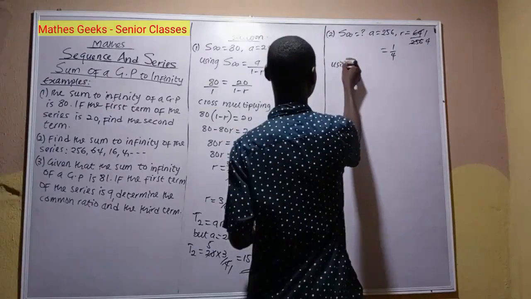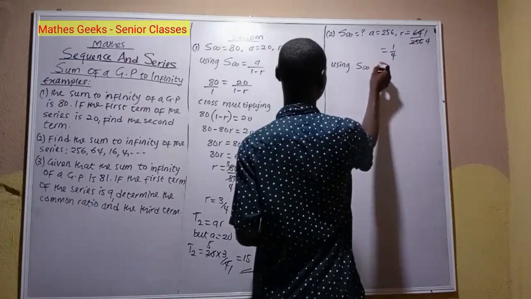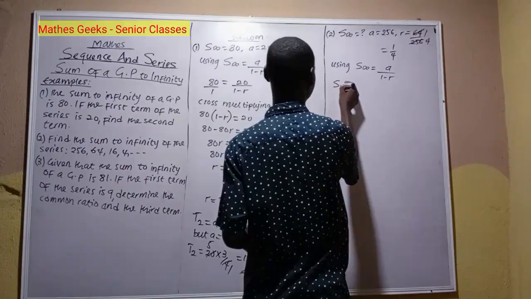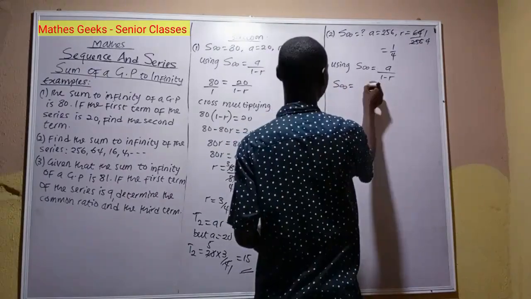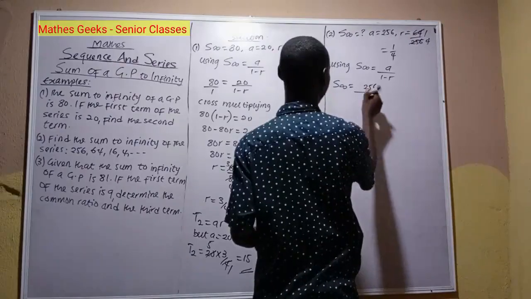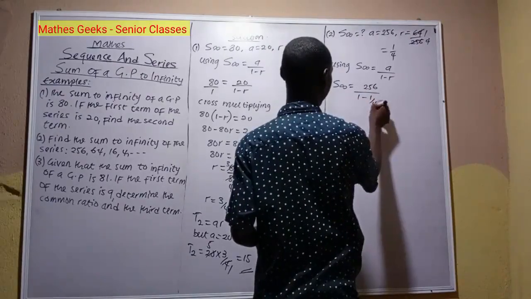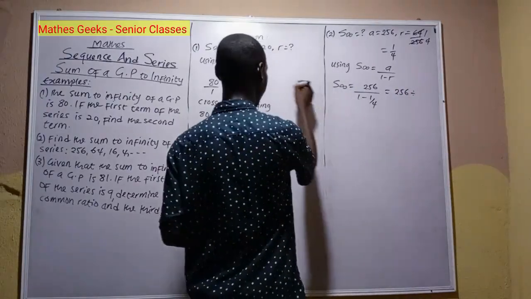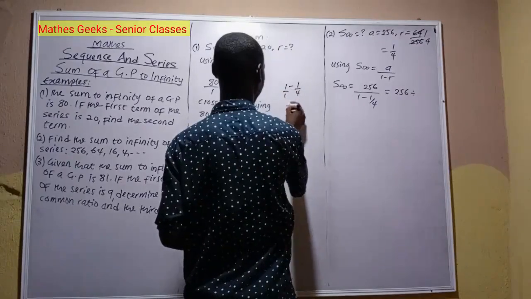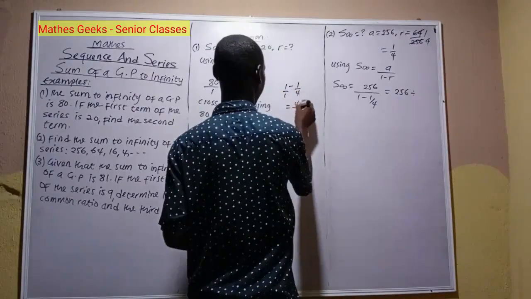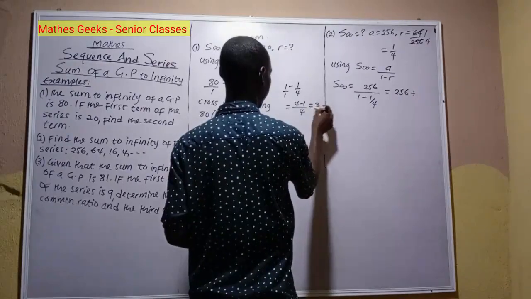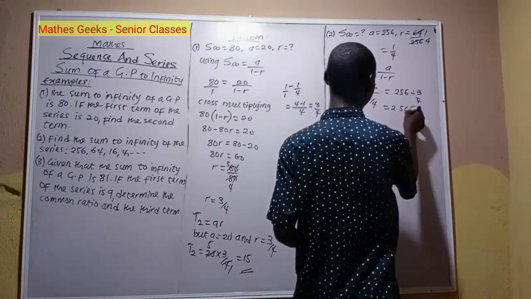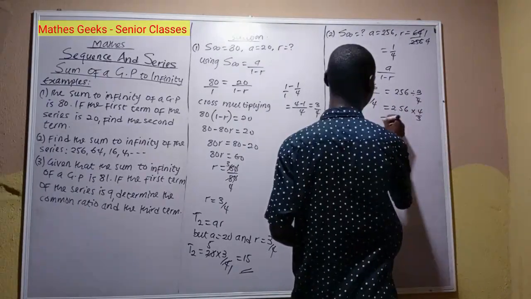So using S infinity equals A over 1 minus R, that will give us 256 divided by 1 minus 1 over 4. The LCM is 4, 4 minus 1, that's equal to 3 over 4. So 256 divided by 3 over 4 is equal to 256 times 4 over 3.